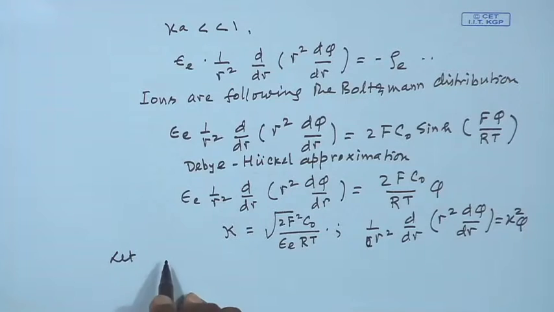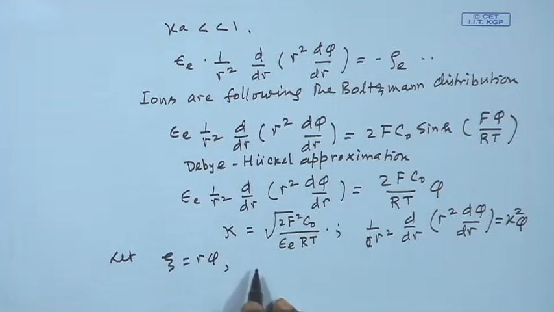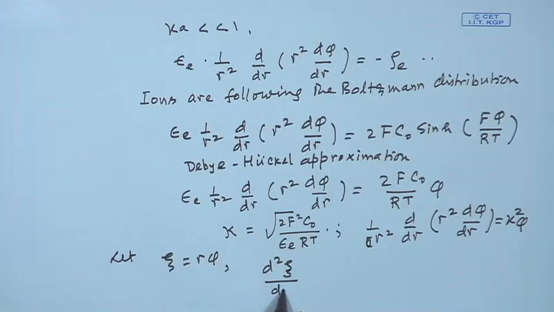Let j equal to r phi. Substituting, I get d2j dr2 equal to kappa square j. The solution is very simple.